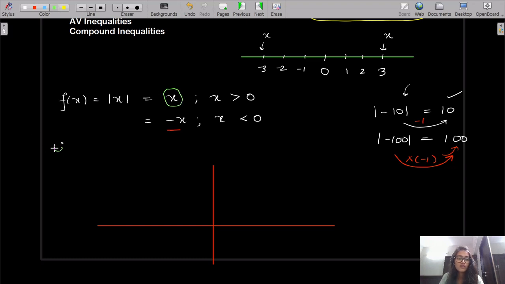So this is the function y equals x, which is this line. y equals x is this line. And if the x values are less than 0, that means if there is any number which is on the left hand side of the y-axis, then your graph will be y equals negative x. So in that case, your graph will look like this.